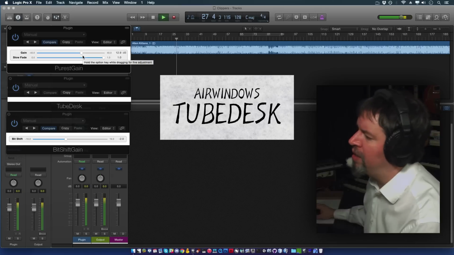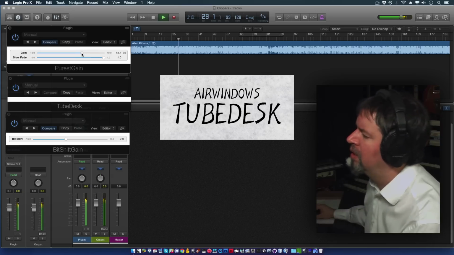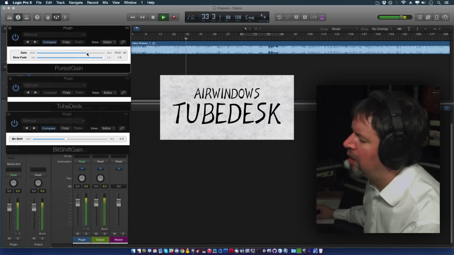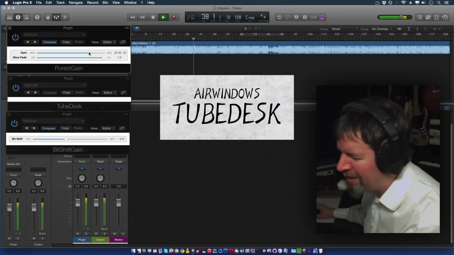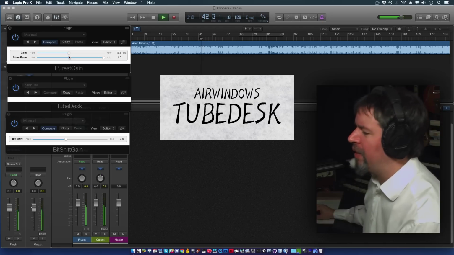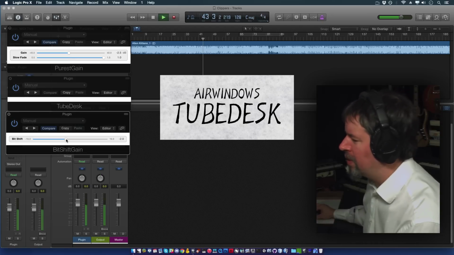Now it's starting to sound oversaturated. Here's where we get into obvious distort. That's a huge kick drum. Oh my god. Okay, let's stop playing with that for a second.